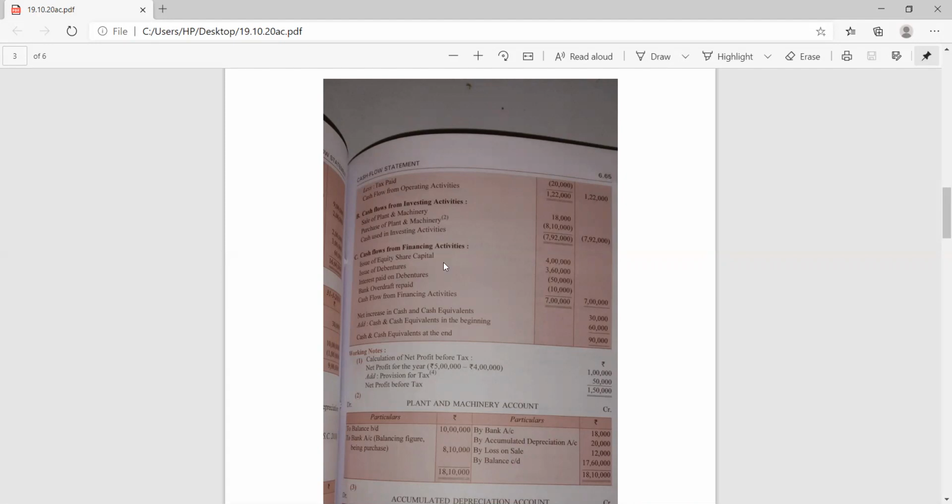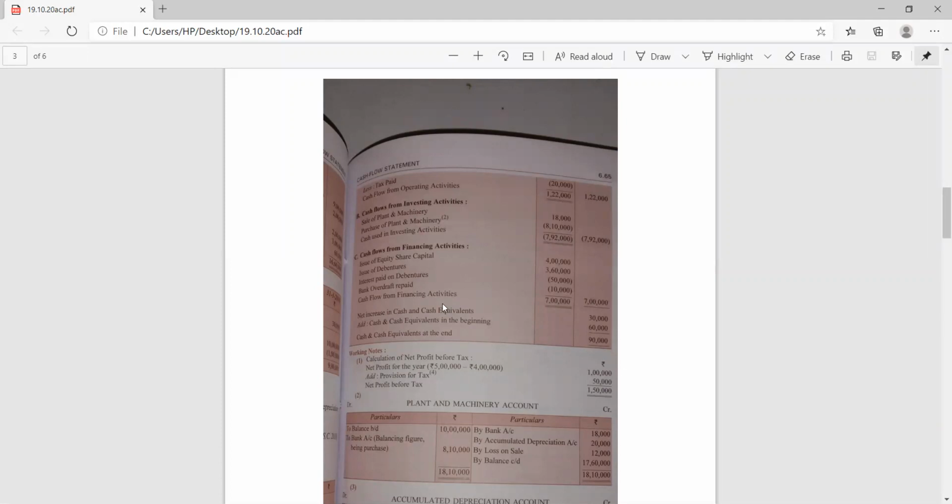Issue of debentures and interest paid on debentures are also given in the notes to accounts. Bank overdraft repaid, you will get from the balance sheet. In this way, you will get the whole information from the balance sheet as well as the notes to accounts, and you will get the net cash flow from financing activities.